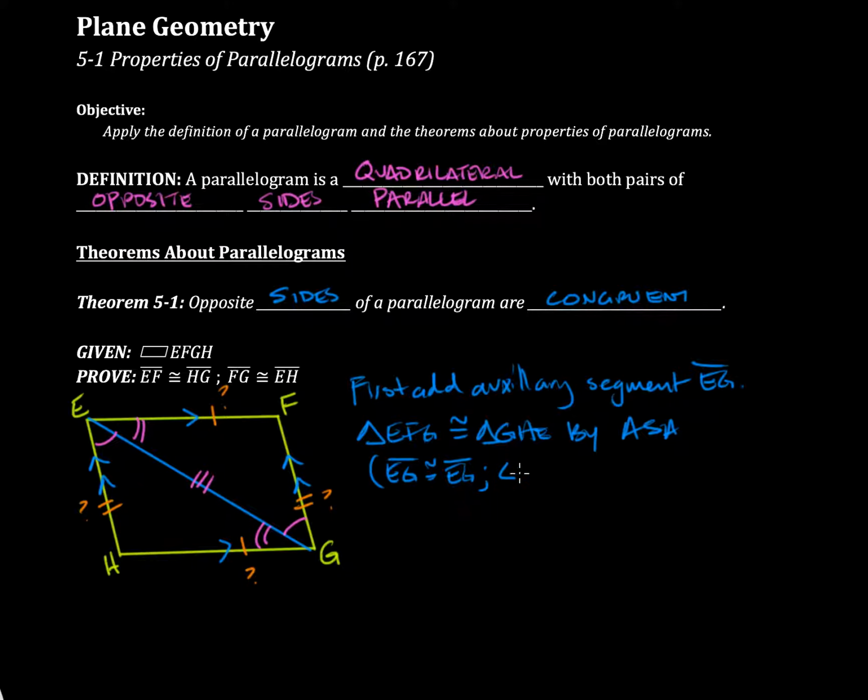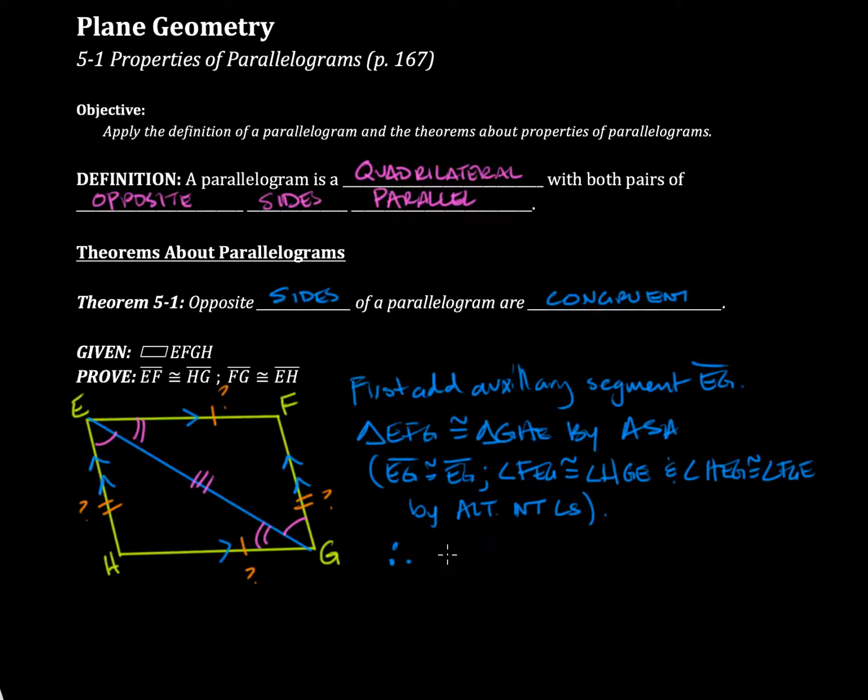Angle FEG is congruent to angle HGE, and angle HEG is congruent to angle FGE by alternate interior angles.